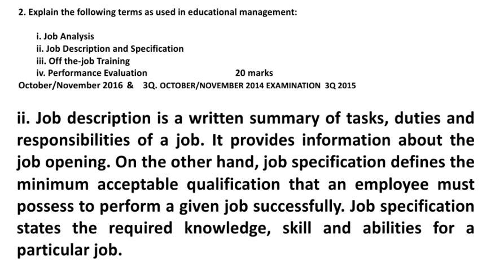Job specification states the required knowledge, skills, and abilities for a particular job. Take note of that. Whereas job description is about the description of the tasks, the specification is about the qualification or the skills or the abilities required to perform the stipulated tasks or duties.